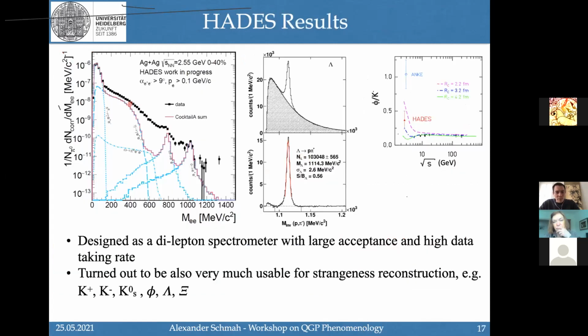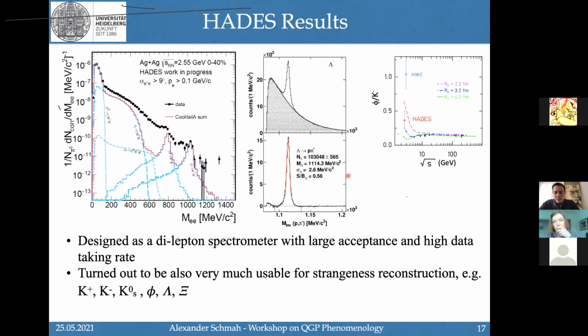So some of the key results you see here: a dielectron spectrum from silver, just from recent years. In black, the data points, in red the curve is the cocktail, and you see some enhancement in between.